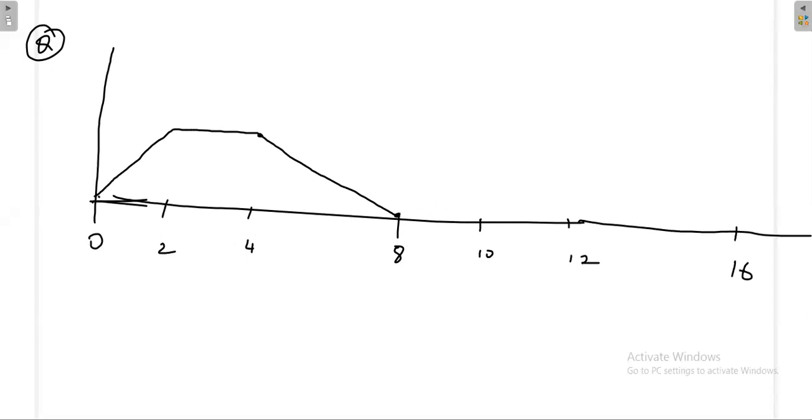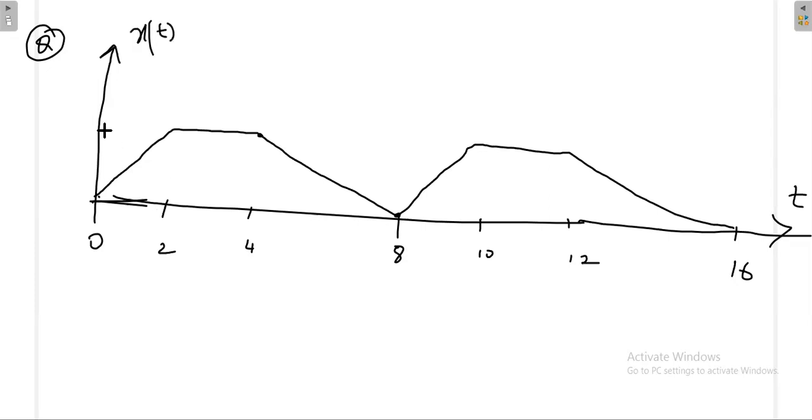So it goes like this, comes like this, then it goes like this. Now this is one waveform, this is x(t). And the peak value here is 16 volt. This is 0, 2, 4, 8.